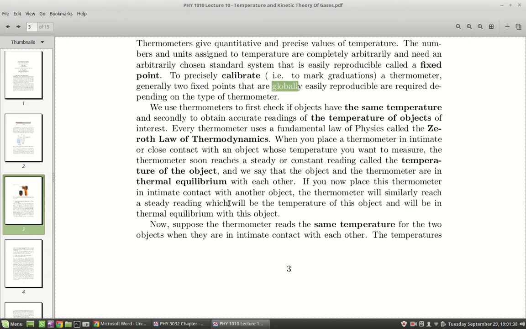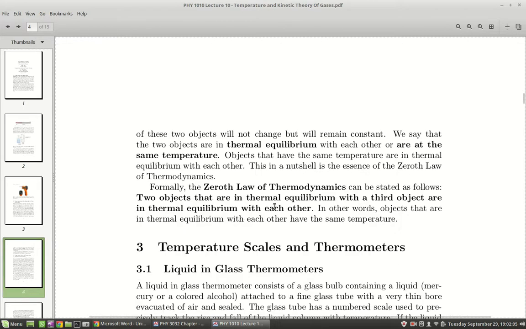So the first thing, before you go wondering whether this one is hotter than the other, is to find out if the 2 of them, object A and object B, are at the same temperature. If they are at the same temperature, you will see it from the marking. Otherwise, if they are not at the same temperature, then your thermometer is going to show you different temperature readings. Okay, and that is basically the basis of the Zeroth Law of Thermodynamics. And in a nutshell, this is what it says.